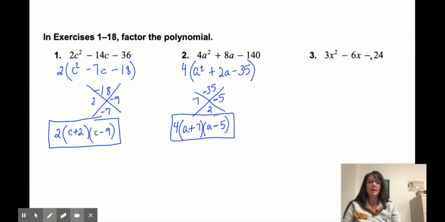Okay, looking at number 3. We look for a common factor, and I can see that the common factor here is 3. So I'm going to factor out a 3, and I'm left with x squared minus 2x minus 8. So looking for factors of negative 8 that sum to negative 2.